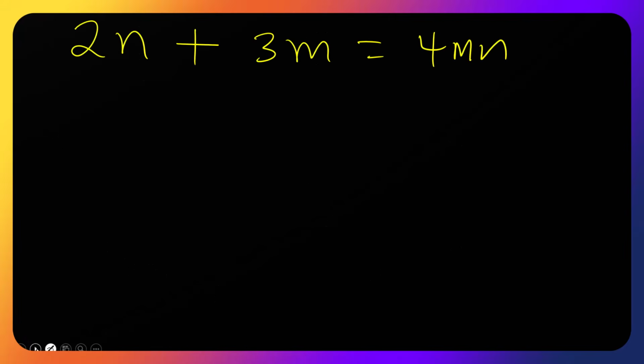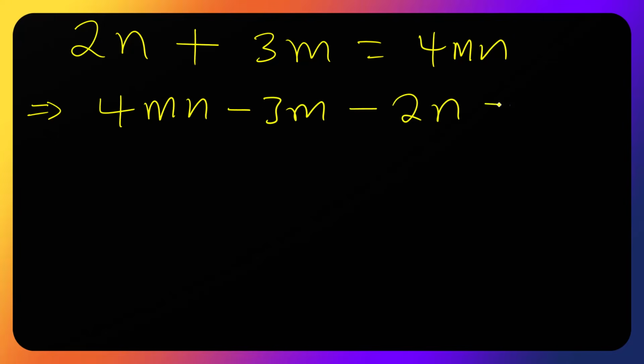Okay, now what I'm going to do here is very simple. I would like to send this one to this side. So that will be 4mn minus 3m minus 2n equals 0.